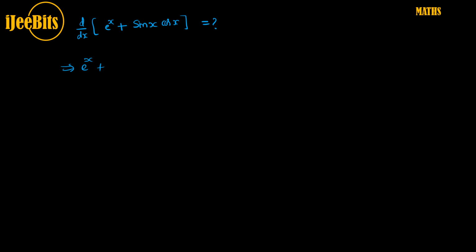So you have to put sin x first and cos x's differentiation is minus sin x. Agree? Plus uv, right? So u dv/dx plus v du/dx for differentiating of these two.